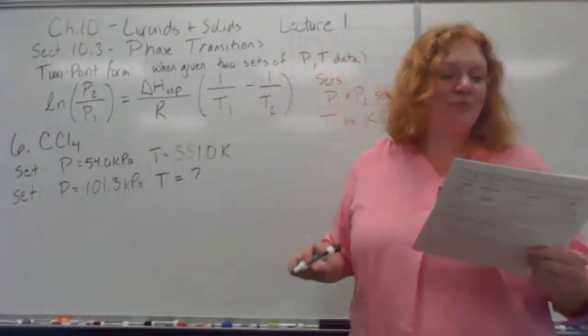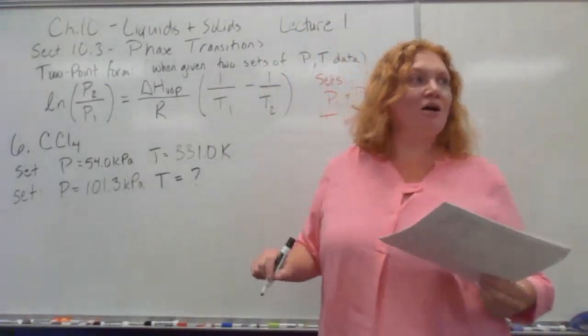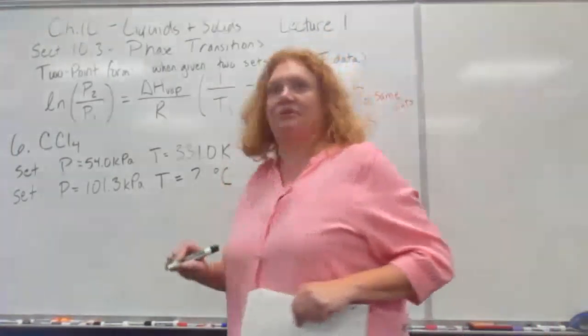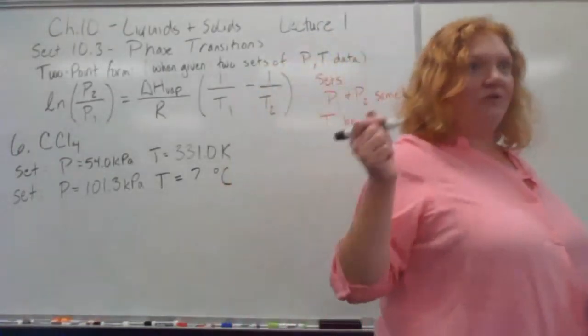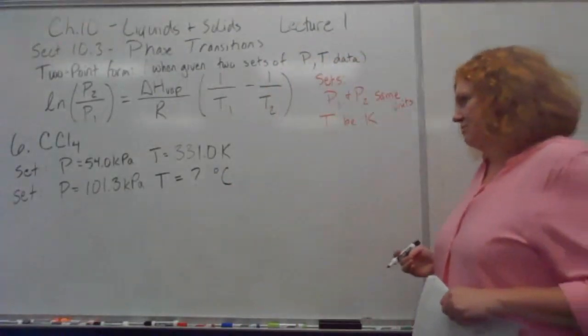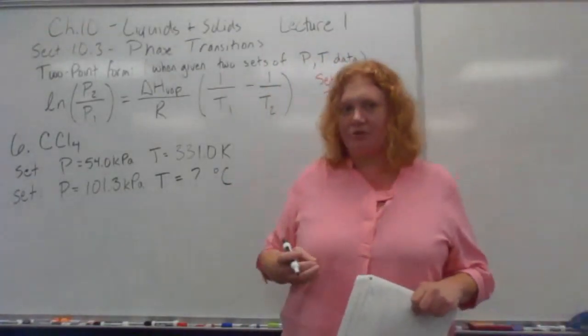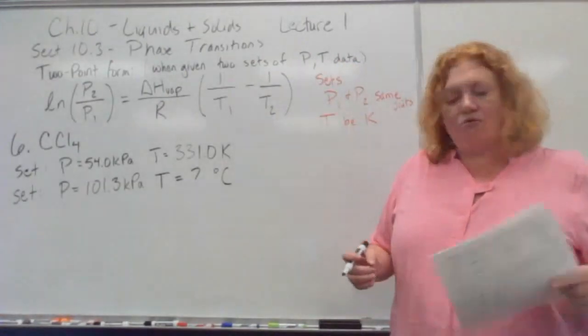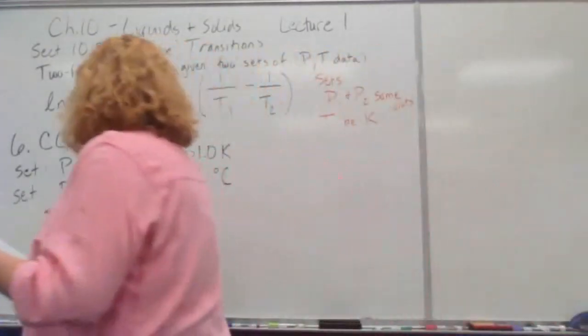And I did not say this. Will you guys add this to this question? I do want your answer in degrees C. So you're going to find it in Kelvin, and then you're going to have to subtract and give me the answer in degrees C. Please add that to that. I do want this in degrees C. Okay. What else did I give you?